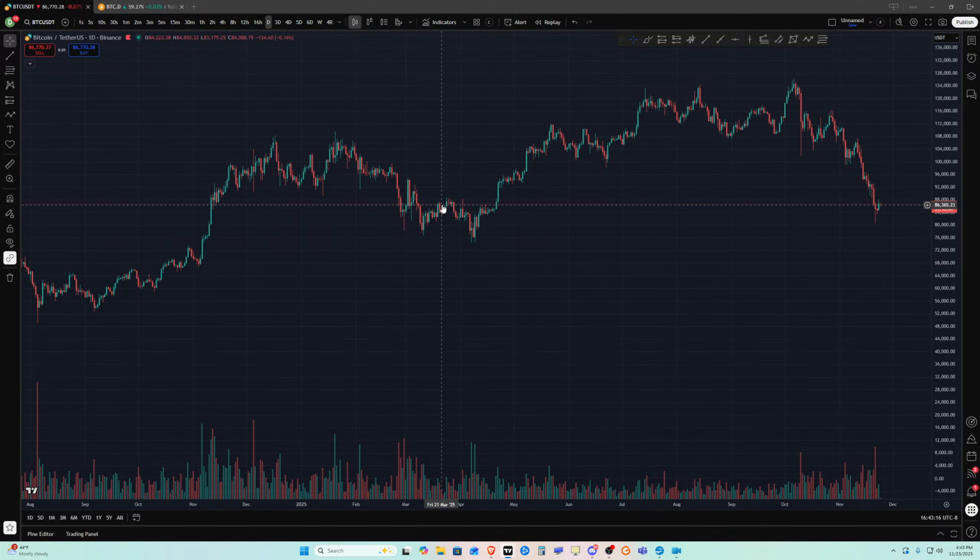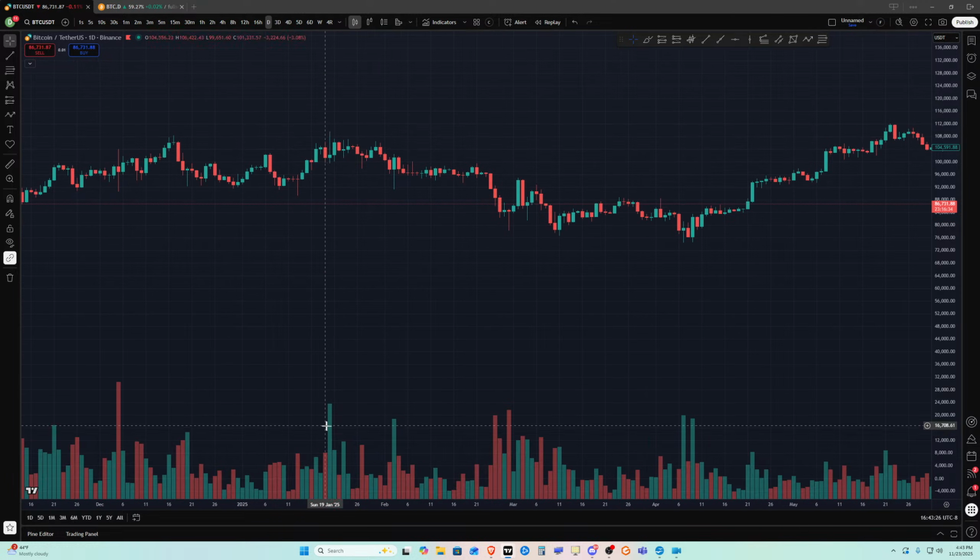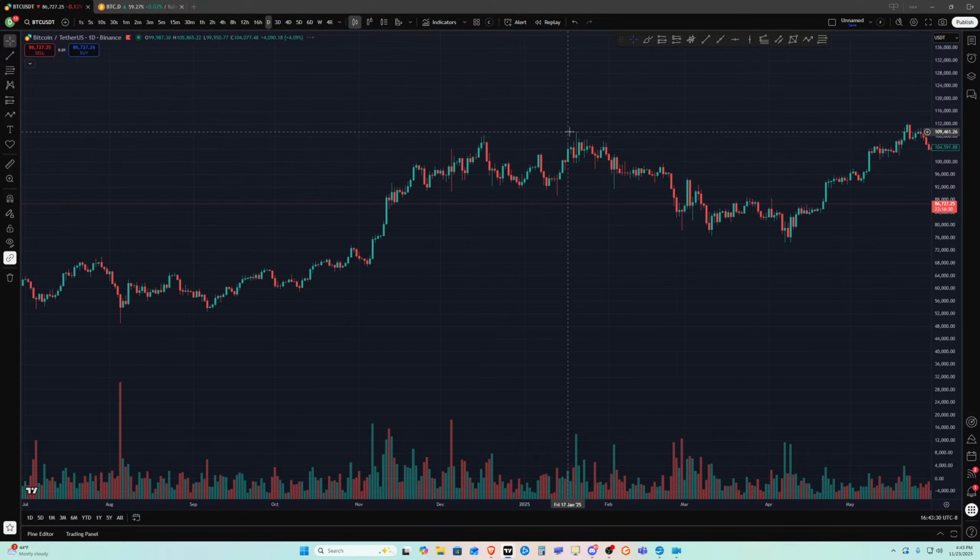So, like here, you see a big spike in volume, right? This candle has a lot more volume, and look at where it is. That was the top of Bitcoin back in January. Same thing right here too, but this is a doji candle. So you want to incorporate price and volume analysis.